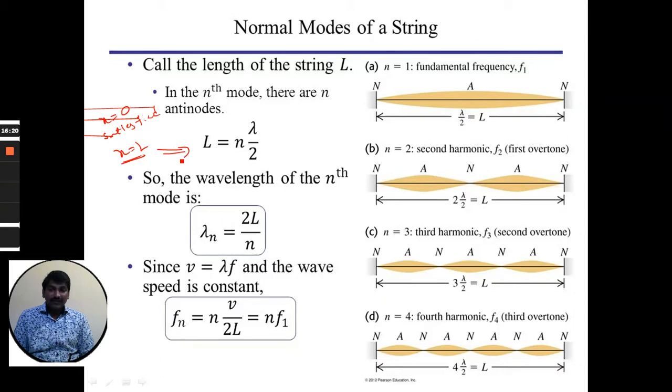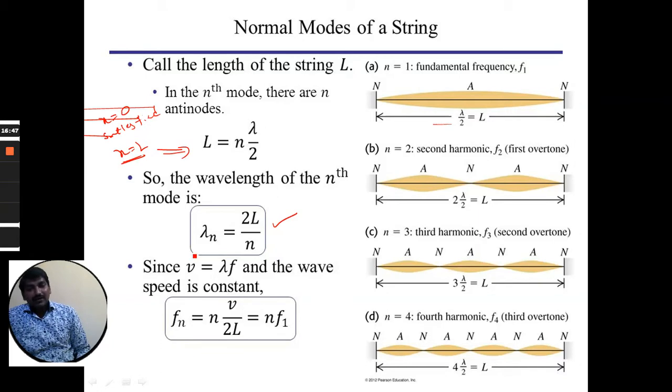If I substitute the first one, L equal to n into lambda by 2. If capital L is the length of the string, then L equal to n into lambda by 2. So in terms of wavelength, making wavelength the subject, lambda equal to 2L by n is the wavelength.